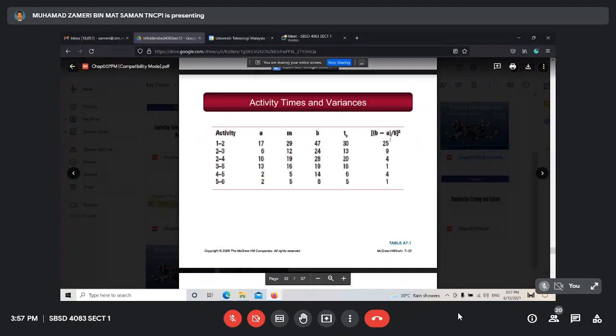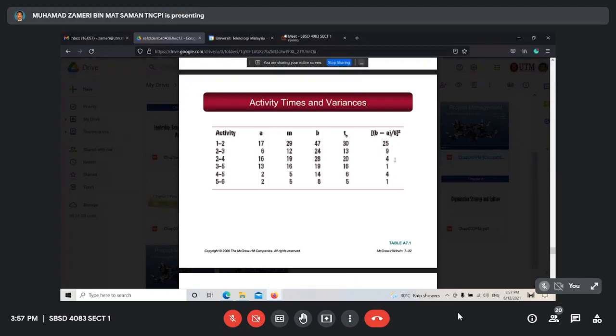So we need to total the standard deviation here. 25 plus 9 plus 4. 25 plus 9, 34. 34 plus 4, 38. 38 plus 1, 39. 39 plus 4, 43. 43 plus 1, 44.